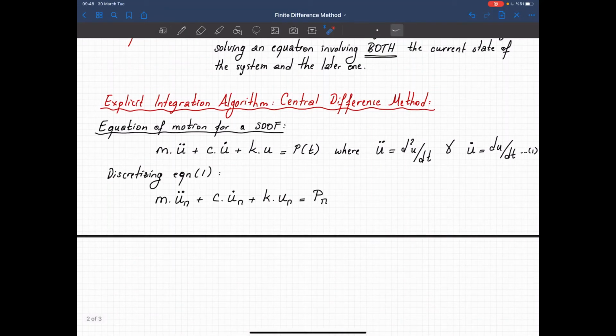Now for u double dot n, u dot n and un, I will be using the central difference method.